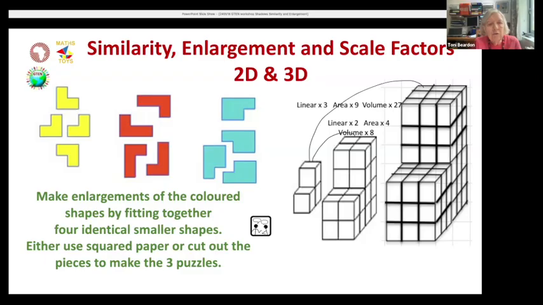You can either use squared paper and color them in for yourself or outline them, or the easiest way is to cut out the pieces to make the 3 puzzles. If you have got the worksheet, you'll see that there's squared paper on the worksheet, and there are also large pieces.